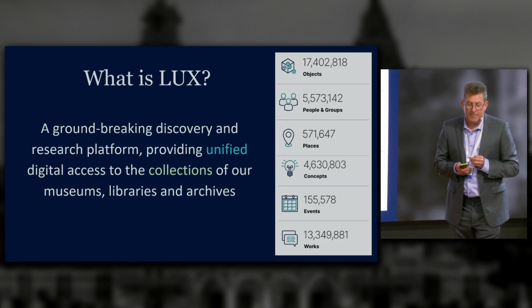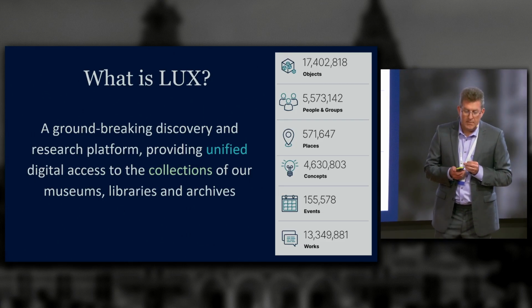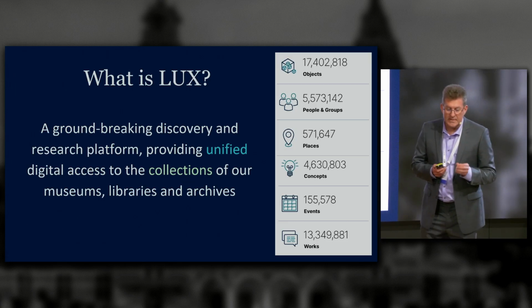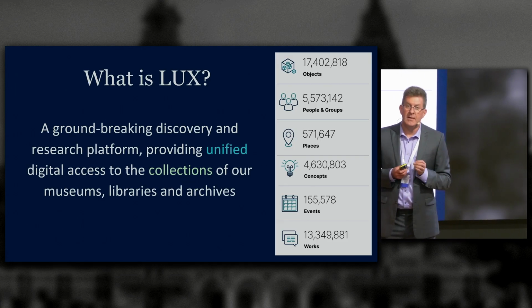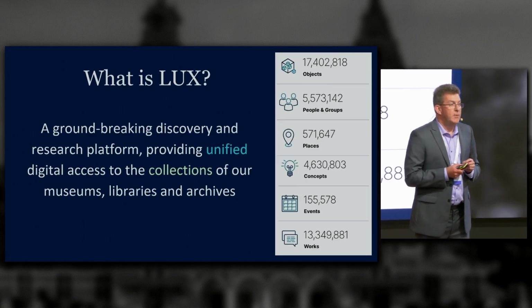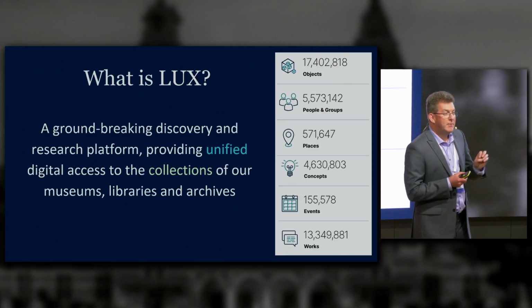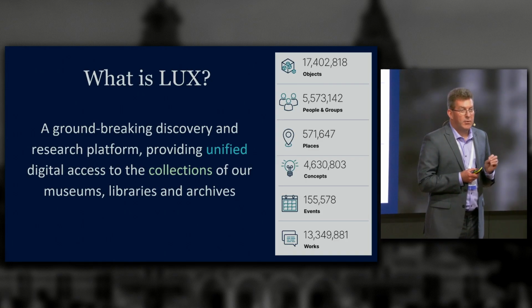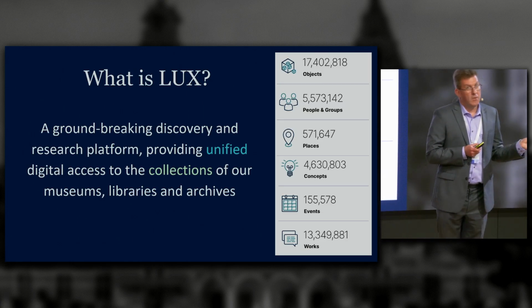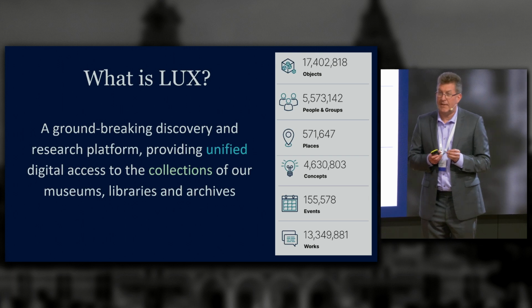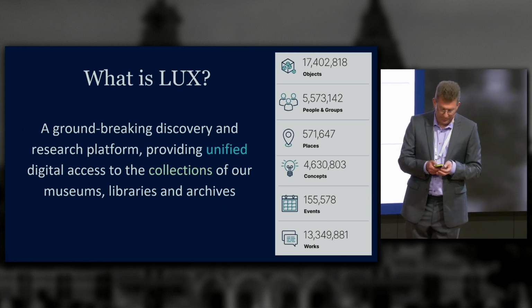But we also have 5.5 million people in the knowledge graph, 4.5 million concepts, 13 million works, for a total of about 42 million records. If we were to turn all of those into triples, right, it's a knowledge graph, it's about 2.7 billion triples. If we were to materialize all of the relationships, it's about 3.5 billion triples.